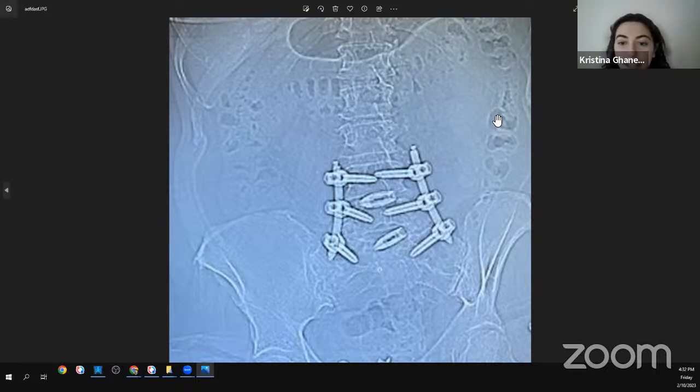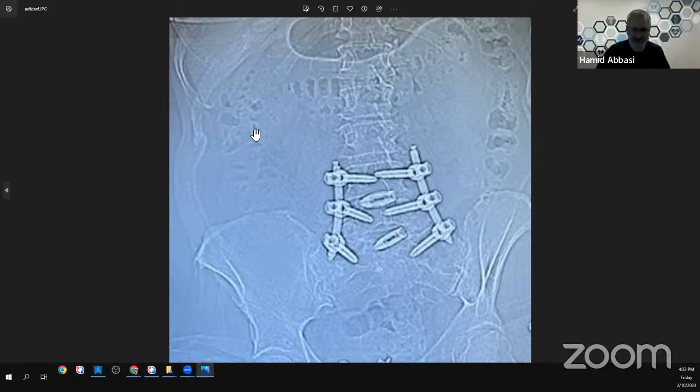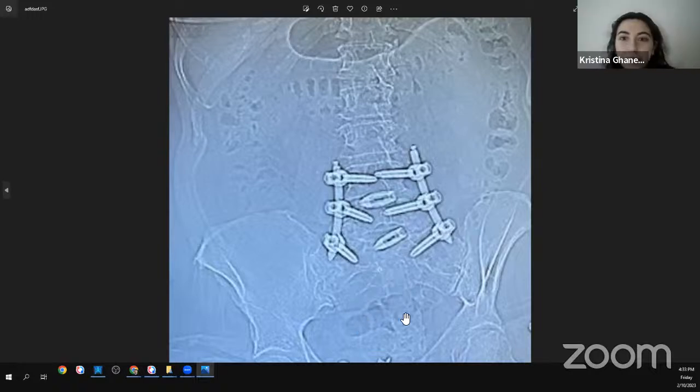Is that the descending colon? Correct, good. Neil, what is this? That is the transverse colon. Excellent. And with that logic, Mike, what is this? The ascending colon. Yes, what is this? The sigmoid colon? Yes, excellent.